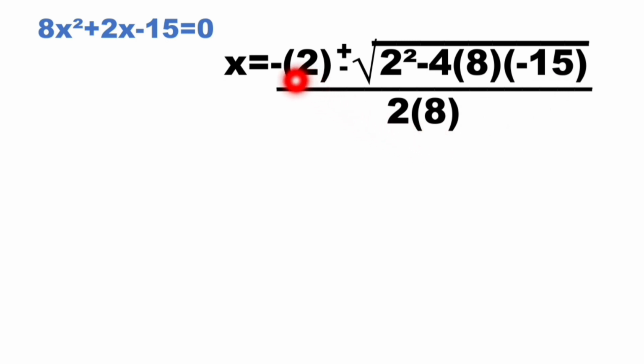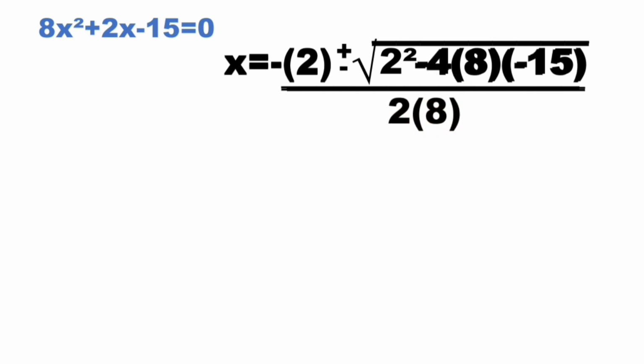This one is negative 2, and this one is 4, and this one here is plus, since we have a negative and a negative. So this is equal to 480, and this is 16 here; 2 times 8 is 16.